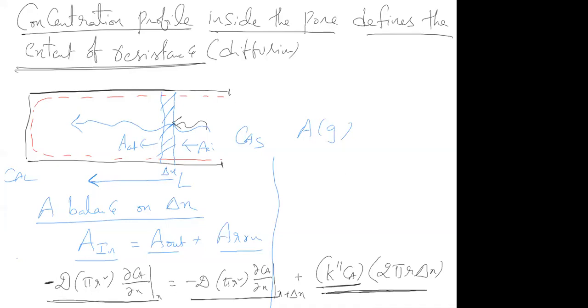If my concentration profile shows a lot of dip, imagine this is my pore and CAS is equal to 100, and it is dropping to 10, that is strong pore diffusion resistance. Or if CAS is 100 and it is dropping to only 99.5 or 99.6, then there is no resistance at all, this is weak pore diffusion resistance.